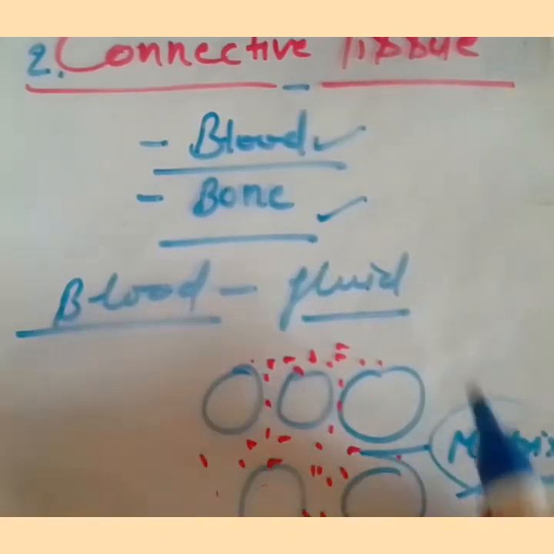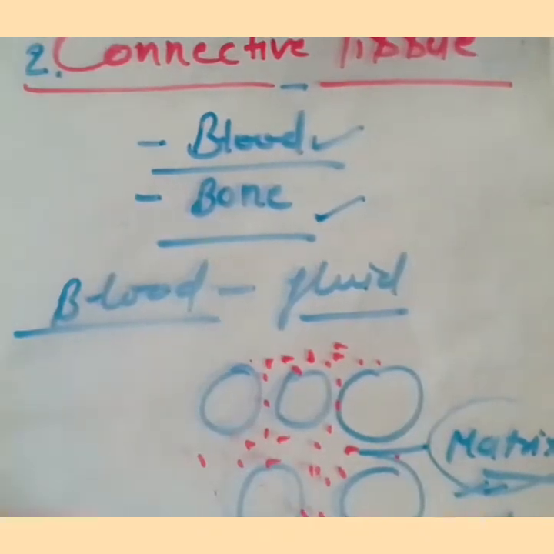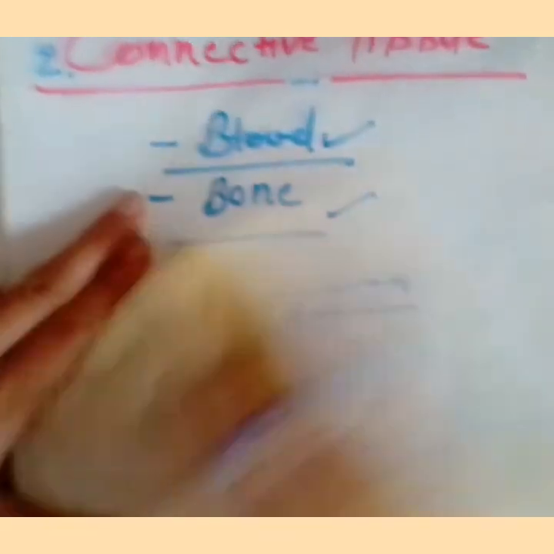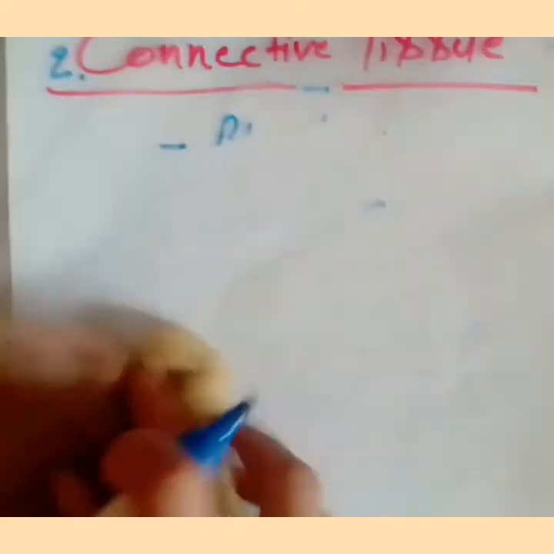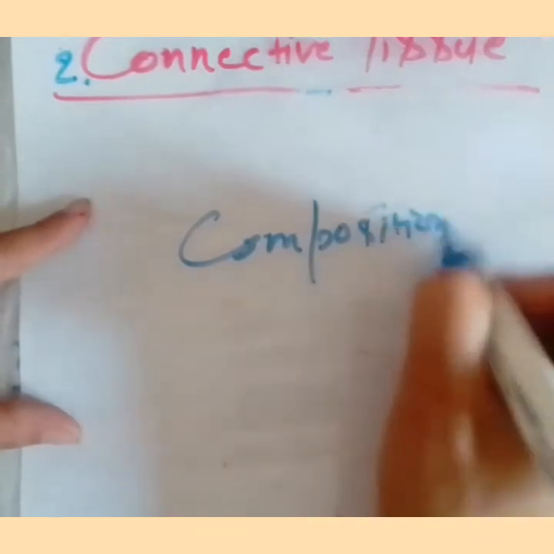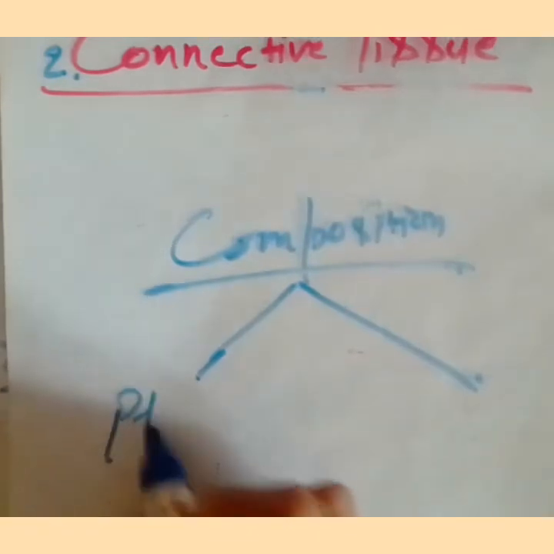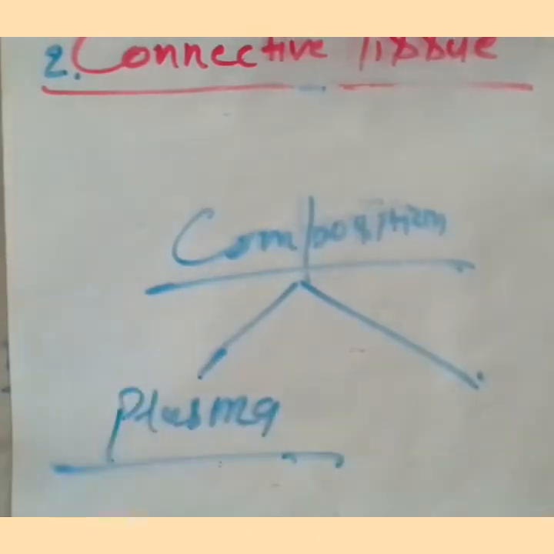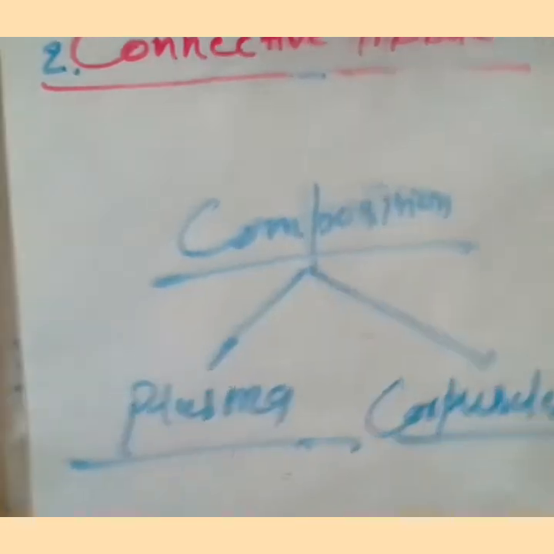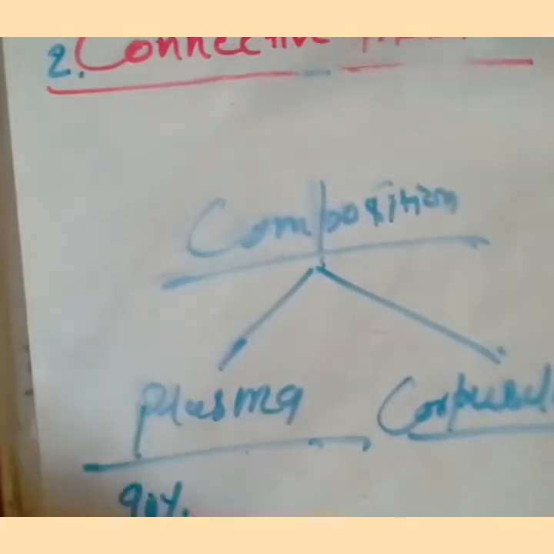Now this is about this blood. Now we will take its composition. Composition of blood, mainly it consists of two main things. One is plasma and second is corpuscles. Okay, what is plasma? Mainly the watery part, we can say 90% water is here.